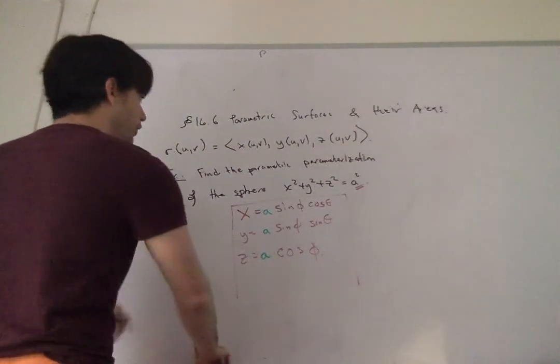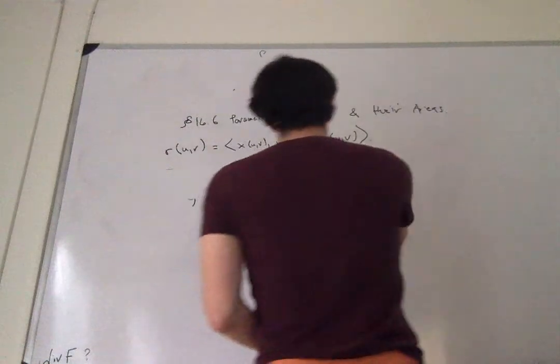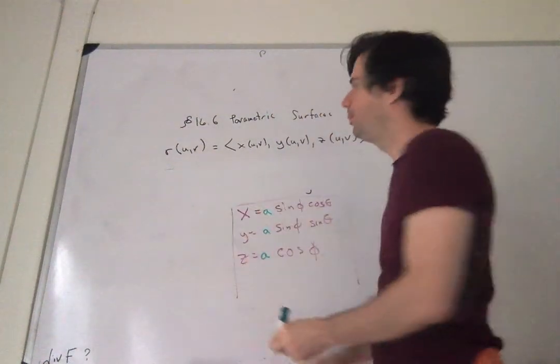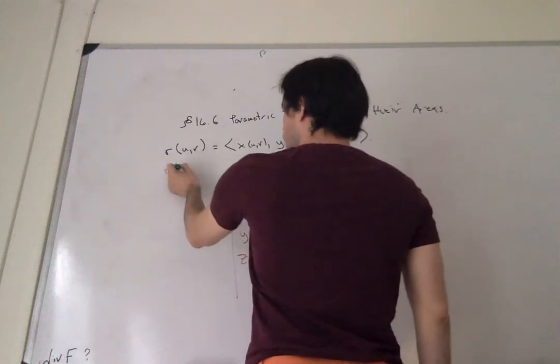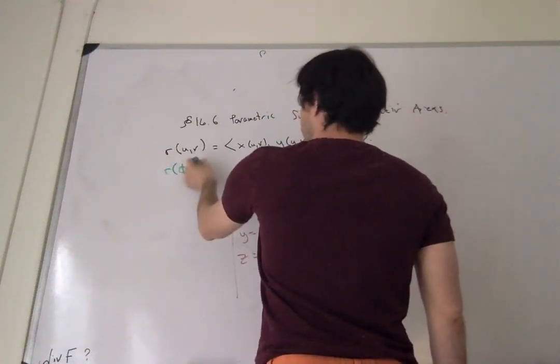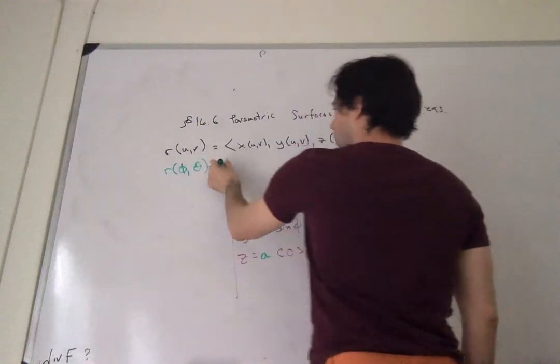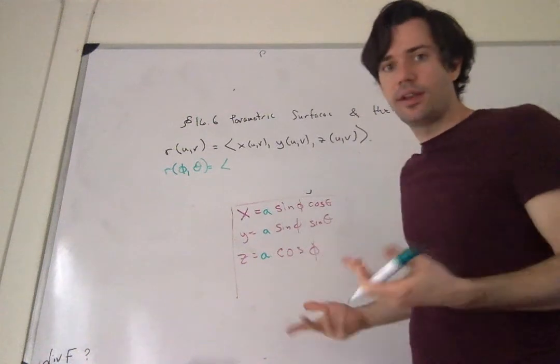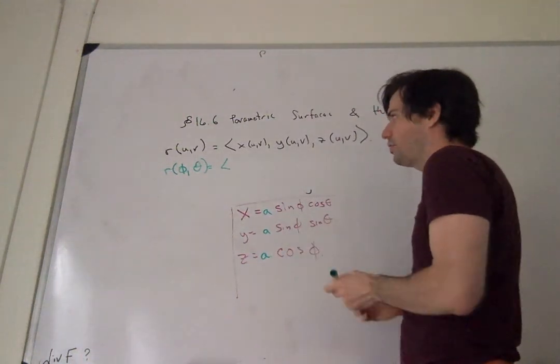So to sort of make it official, I will rewrite it in this form. Instead of u and v, we're going to have phi and theta, and then I'll just replace x, y, and z as appropriate.